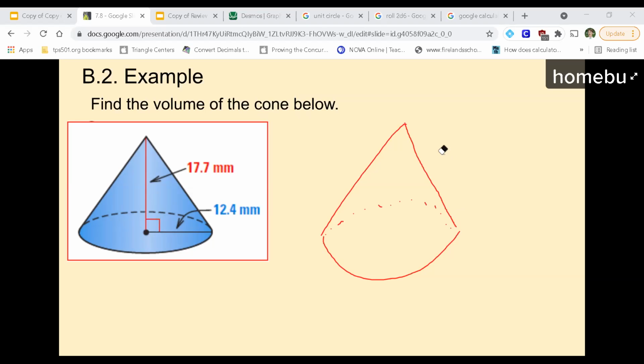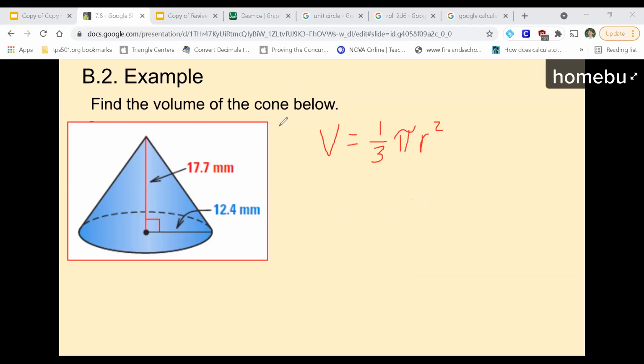To do this problem then, the first thing we're going to write is the formula. Volume is 1/3 of pi r squared h. Which, by the way, should make sense. Like if we look at this shape, it's very similar to a pyramid, right?